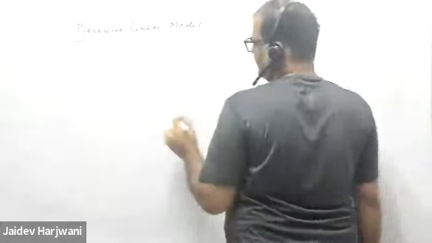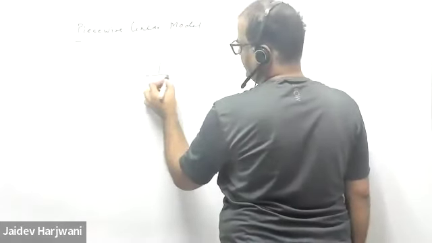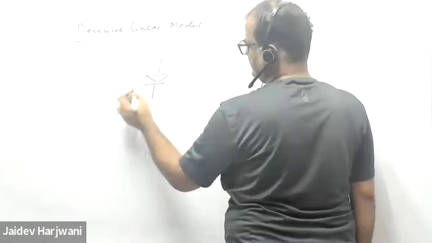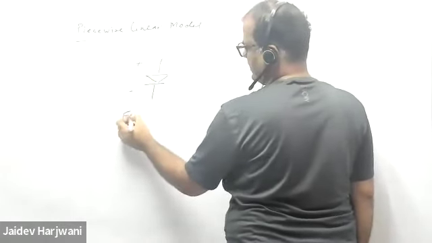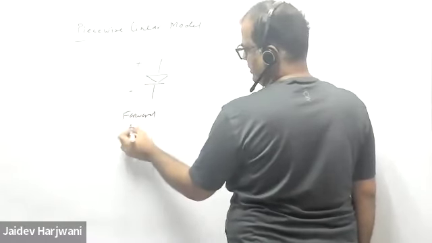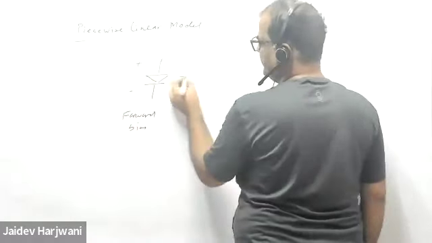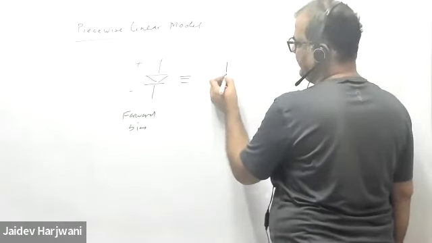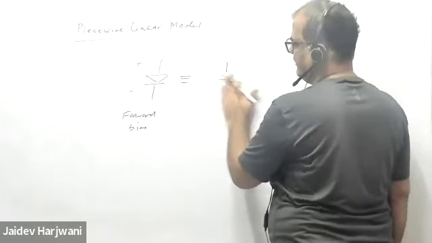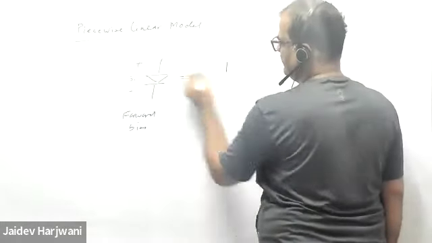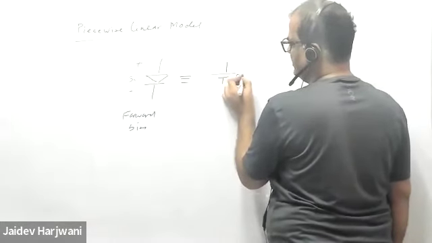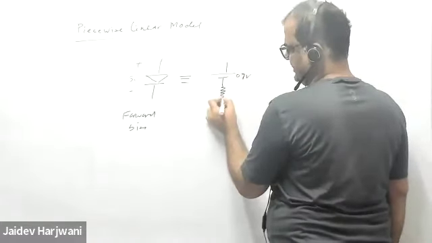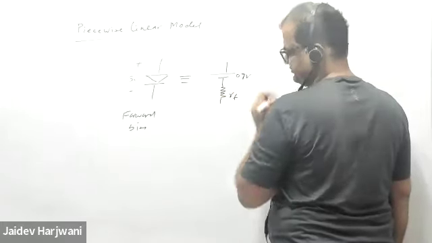The piecewise linear model says that you have a diode, and if the diode is forward biased, this diode will be replaced by a battery of 0.7 volt if it is silicon, and if it is germanium, it will be replaced by 0.3 volt, plus a forward resistance.